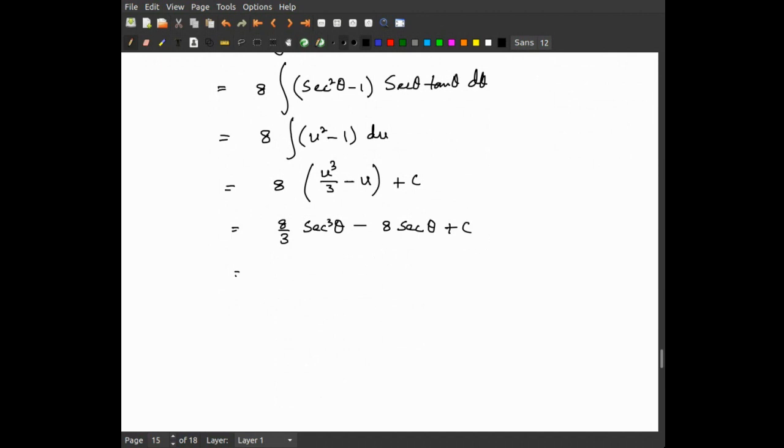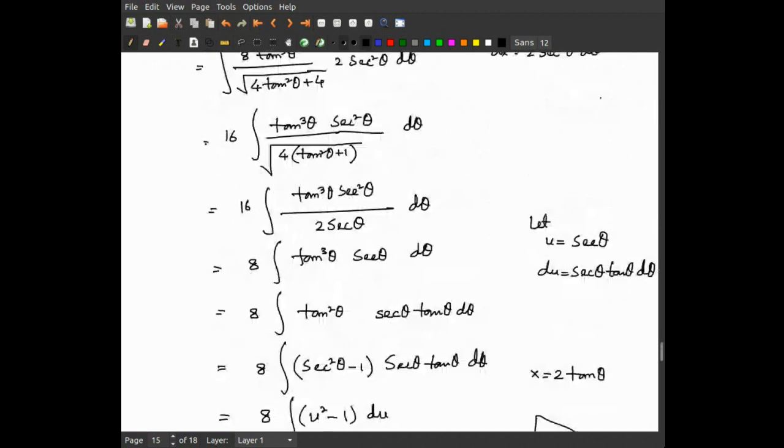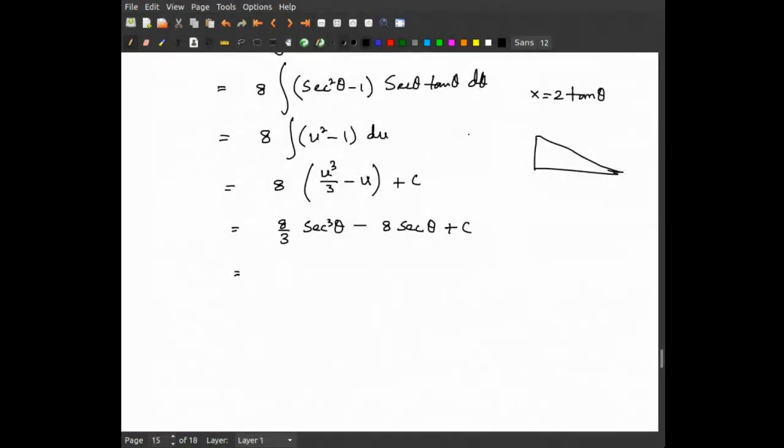Alright, so again, what do you know? We don't really like that value secant theta. We have to replace it by the triangle idea. What we started with was x equal to 2 tan theta, right? So from that we can write that tan theta equals x over 2.